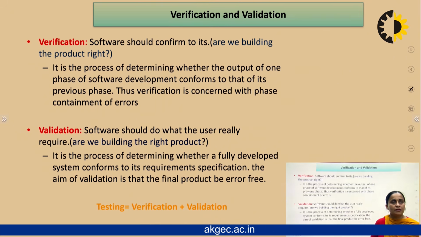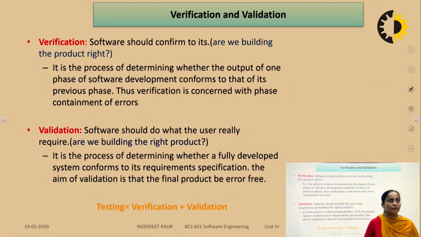Then we must understand the difference between verification and validation. They both come under this phase. First comes verification, and then we validate. Verification means the desired, proposed designed software should conform to its SRS. That means: are we building the product right?